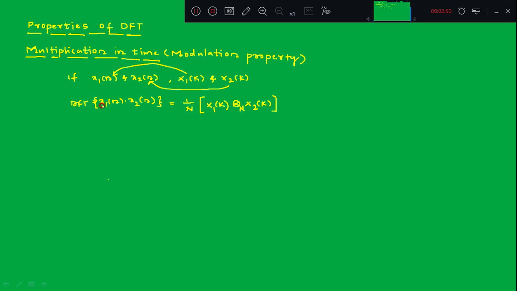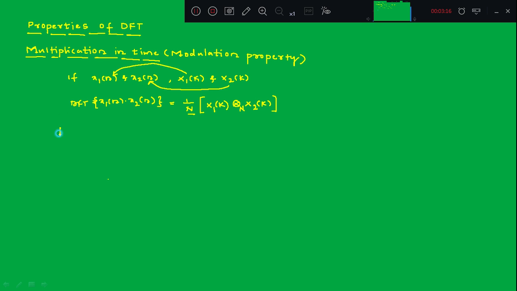So the DFT of the product of two time domain sequences gives the circular convolution of the DFTs of the two signals x1 of n and x2 of n, multiplied by 1 divided by N, where N is the number of samples in the sequences x1 of n and x2 of n, right?